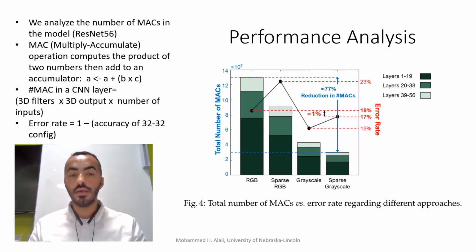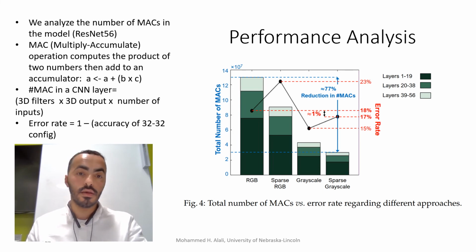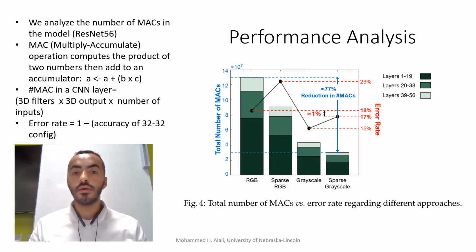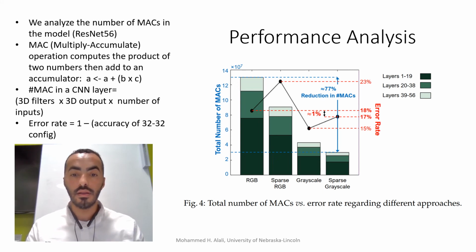You can see here that the RGB color mode has the highest number of MACs, but sparsity on grayscale has the lowest number of MACs.